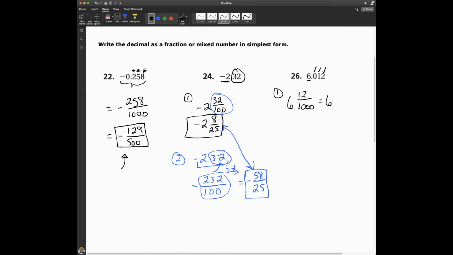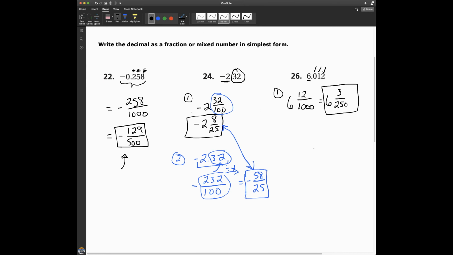What number goes into 12 and 1,000? Well, 4 does. So divide 12 by 4 and we get 3. 1,000 divided by 4 is 250. Okay, so that was one way we could answer this question. There's my answer. It's in simplest form.